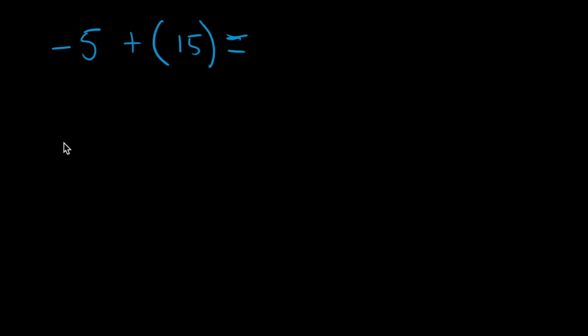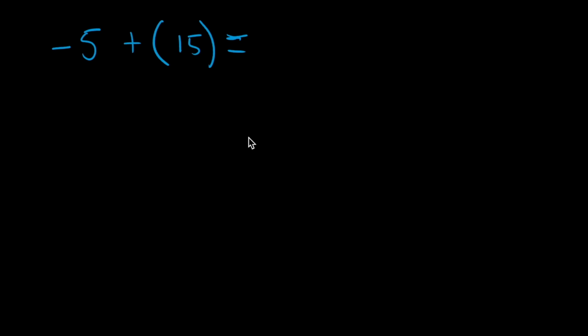Okay, now we need to find the absolute value of these two numbers, negative 5 and positive 15, because they are different. We're adding two numbers with opposite signs, and the rule states that you subtract the smaller absolute value from the larger absolute value, and then keep the sign of the larger absolute value for your answer.